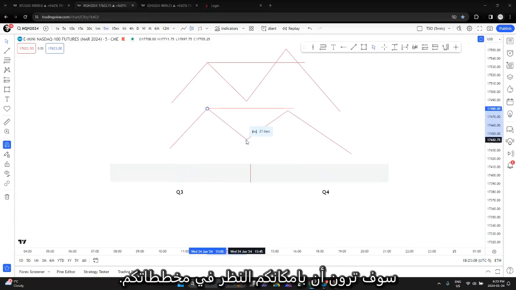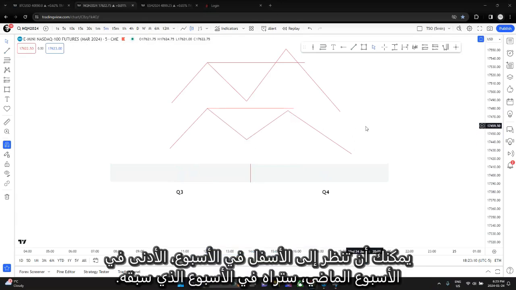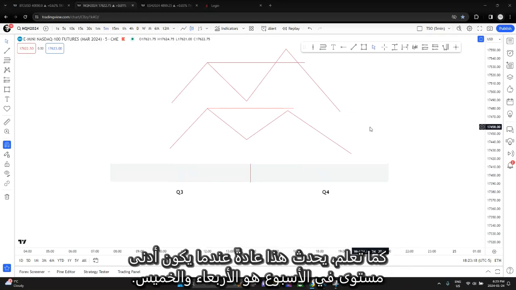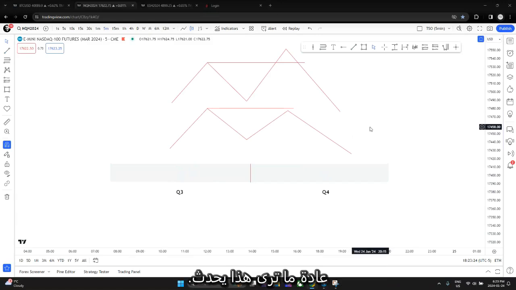And you guys will see, you can look in your charts, you can look at the low and the high of the week, the low of the week, last week, you'll see it the week before. What usually happens whenever the low of the week is Wednesday and Thursday. You usually see this happen, right? So this is very powerful.